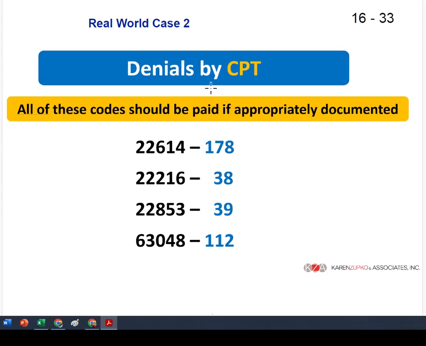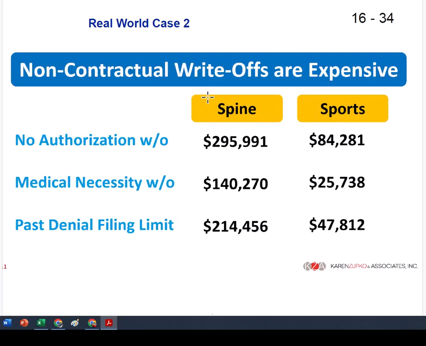And then she did some denial work by procedure code. These would have been paid if properly documented. Okay. Some other ones: no authorization. So they were spine and sports. Ugh, we already talked about that. Medical necessity not documented.